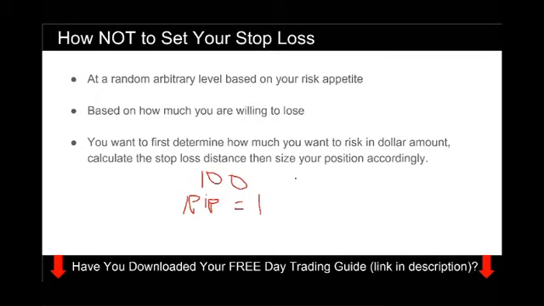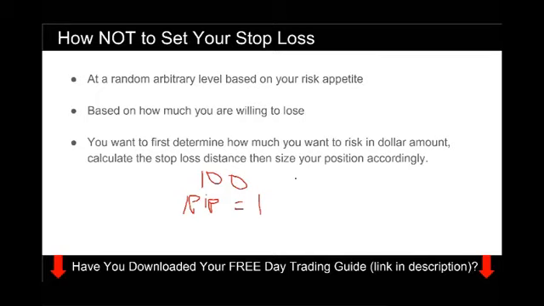Remember earlier on I said that you want to set your stop loss where your initial trading idea is no longer valid. So in this case, if your key level is 1.0775, then you want to set your stop loss when this level is broken. So a logical level to set your stop loss in this case would be below this low here.